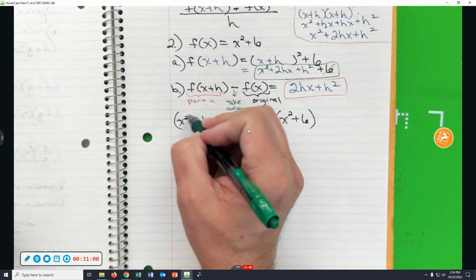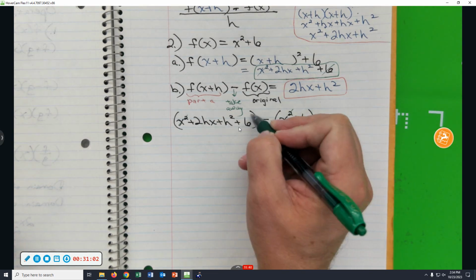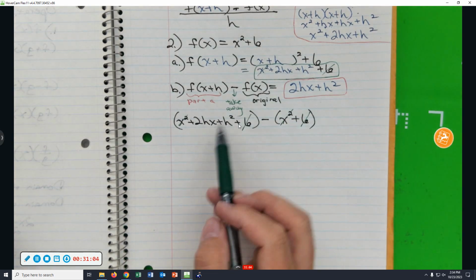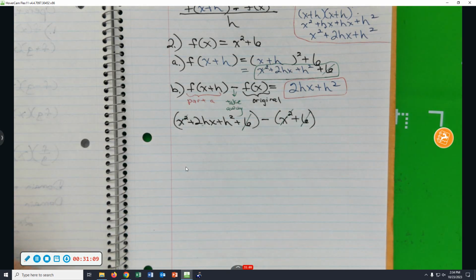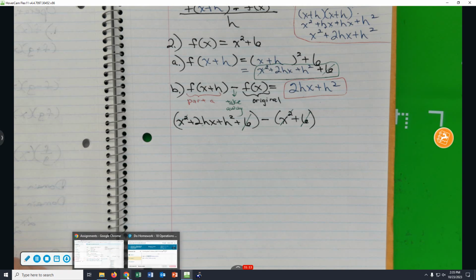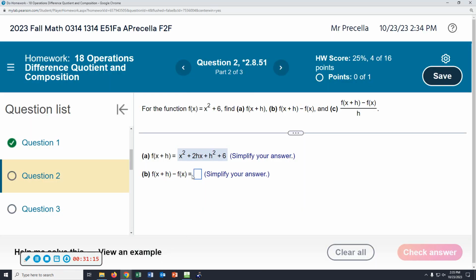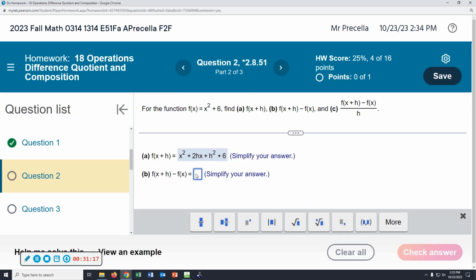It's subtracted out. 6 minus 6, leaving us nothing more than just a 2hx plus h squared. Did you type that answer in? I don't think I did. 2hx plus h squared.